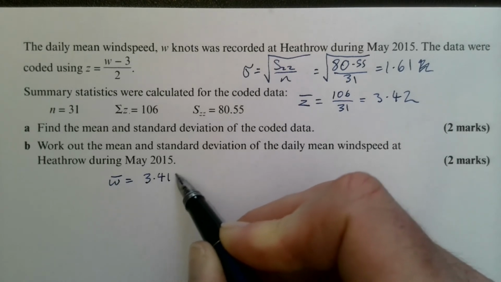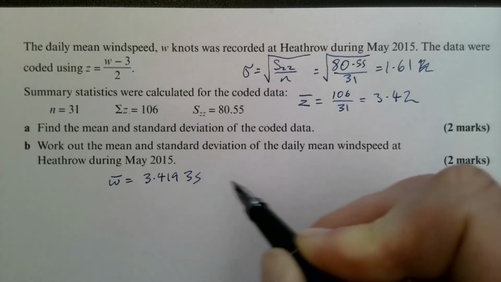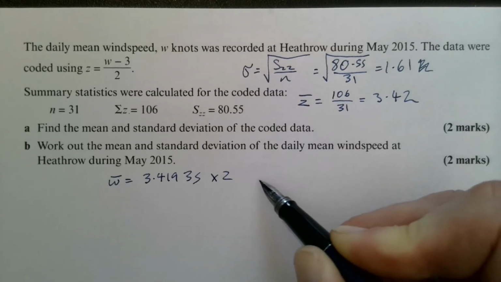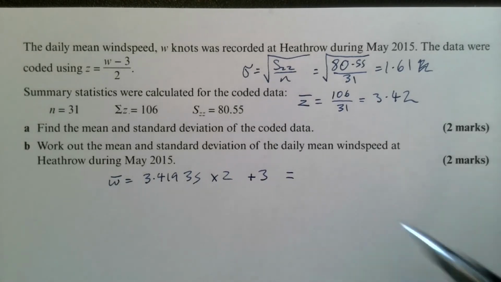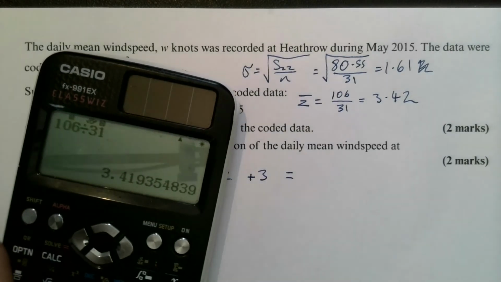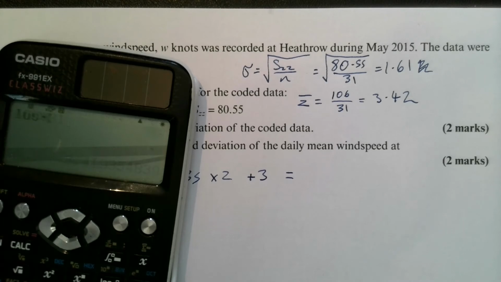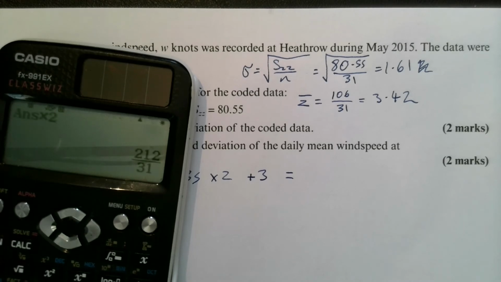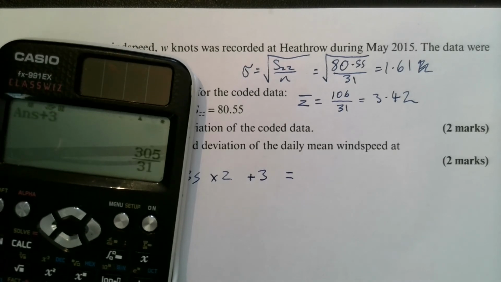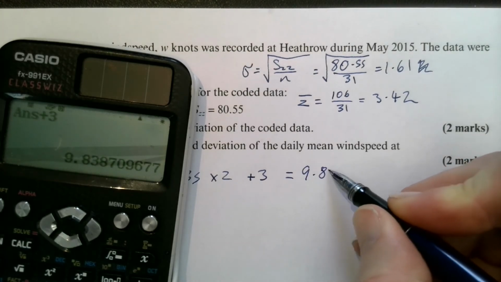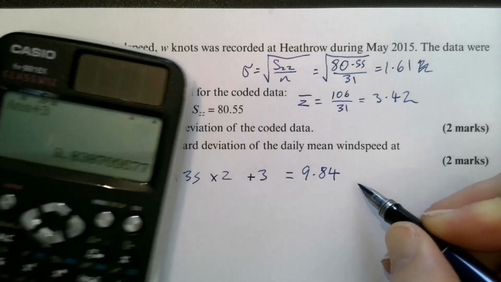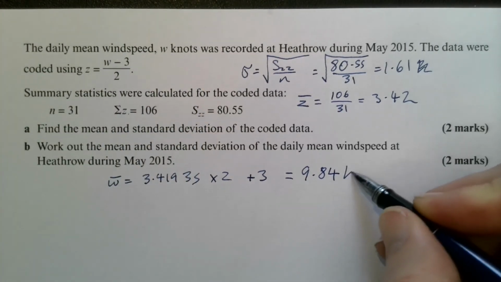I'm going to keep my original number here so that I don't times it by 2, and then reverse taking 3 by adding 3. So in fact I've got the old number there. I'm just going to press times 2 and add 3 and see what that gives me, which is 9.84 to 3 significant figures knots.